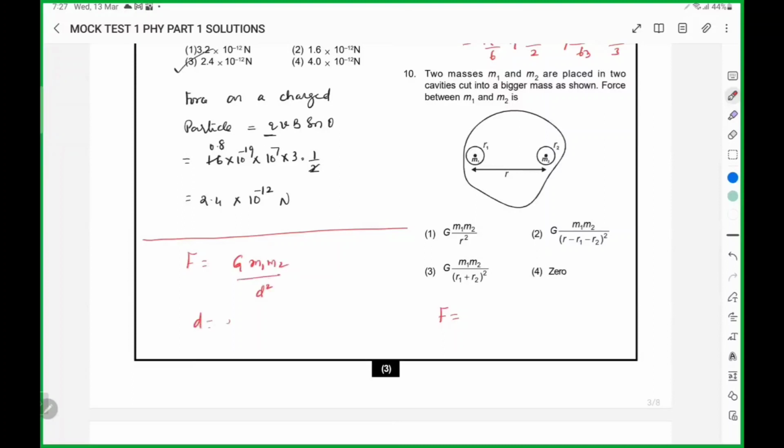D is the effective distance between the centers of mass. The given effective distance is R. So G M1 M2 by R square.